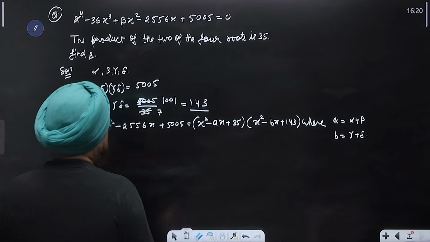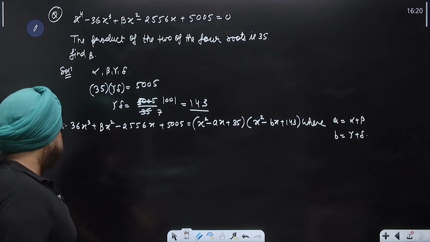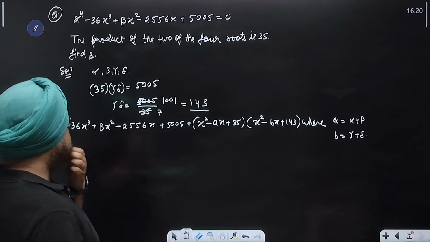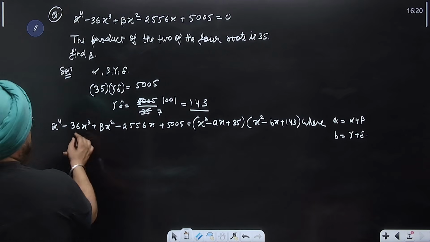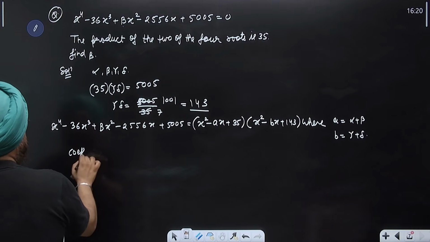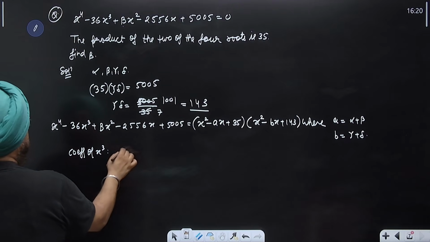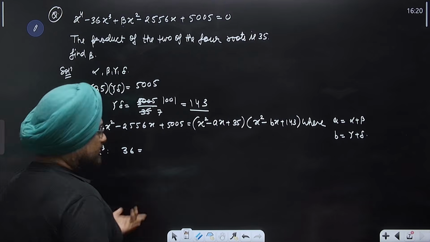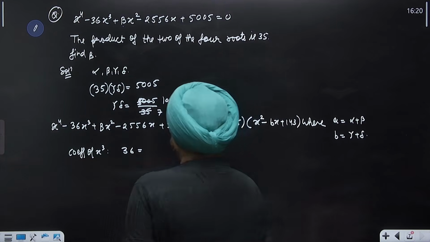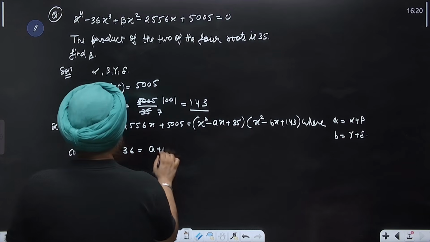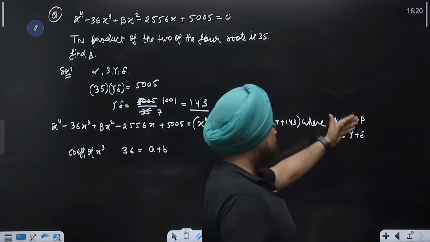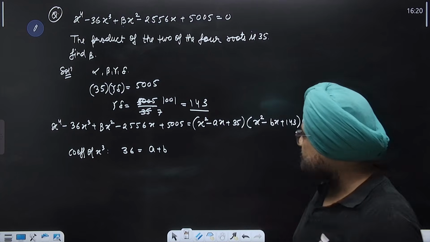Comparing the coefficients, if we are equating the coefficient of x cube, 36 will be equal to a plus b, which we already know, that the sum of the roots is alpha plus beta plus gamma plus delta.